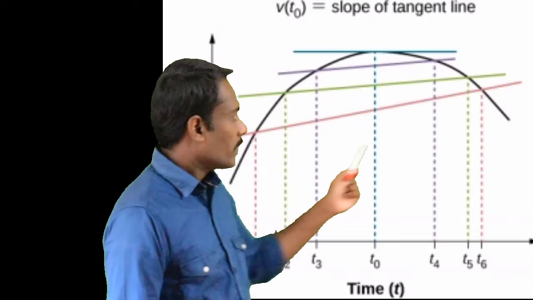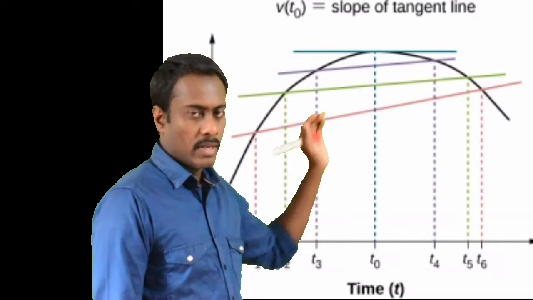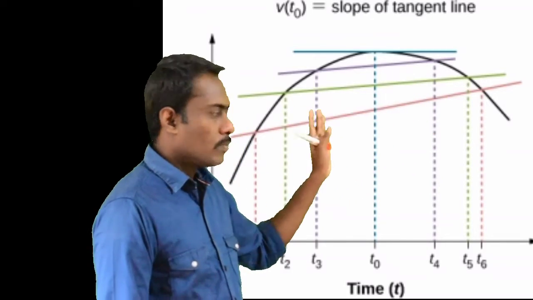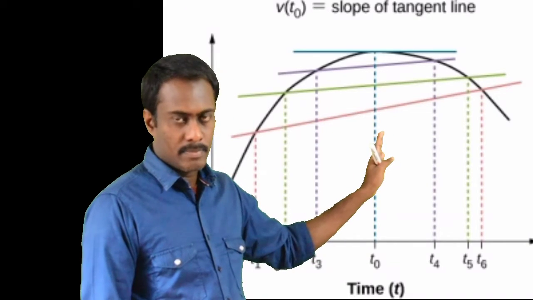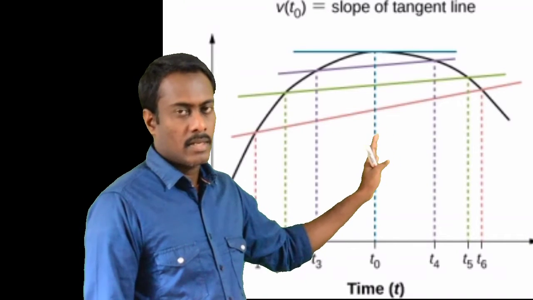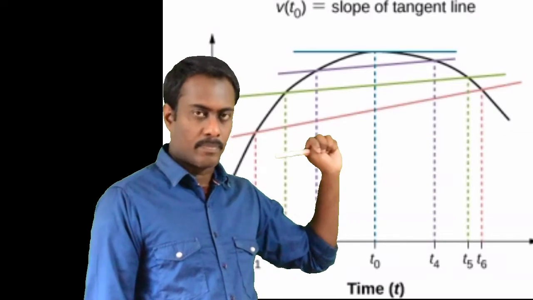From the shape itself we can understand that the graph is not straight. That means the object covers unequal displacement in equal intervals of time.